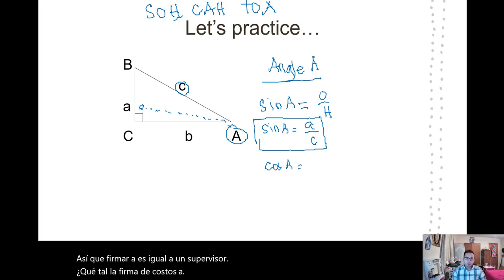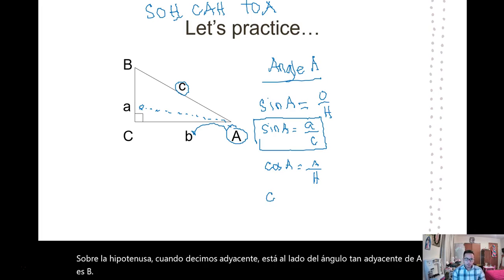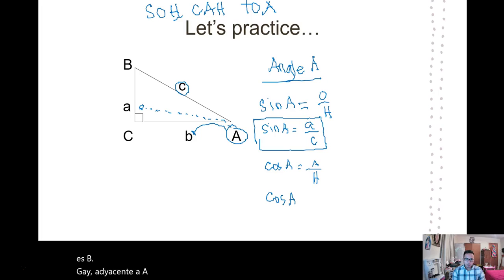Cosine A is adjacent over hypotenuse. When we say adjacent, it is next to the angle. So the adjacent of A is b. Therefore, cosine A is equal to b over the hypotenuse c.